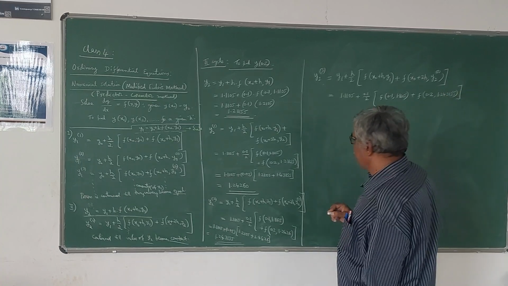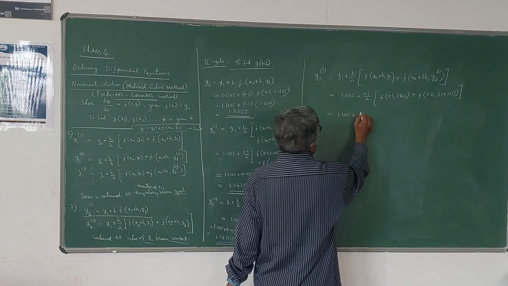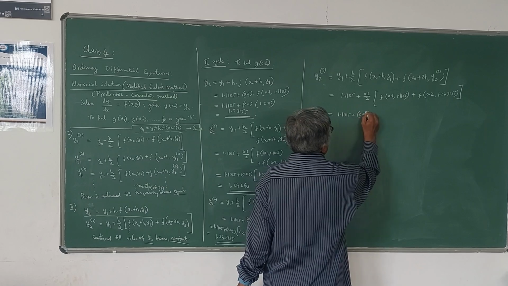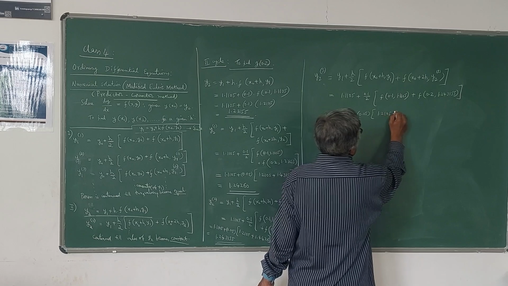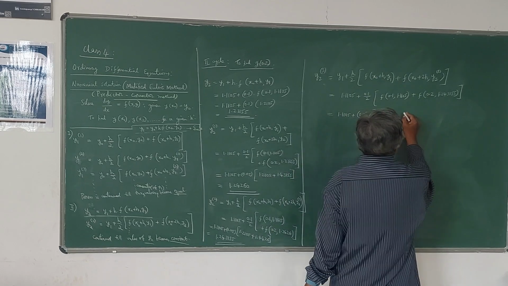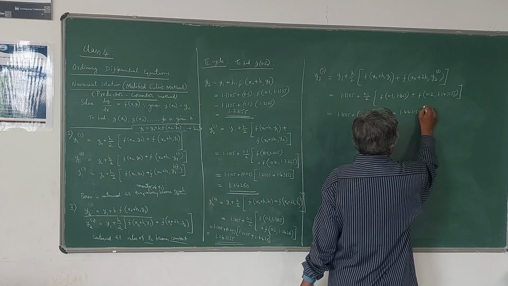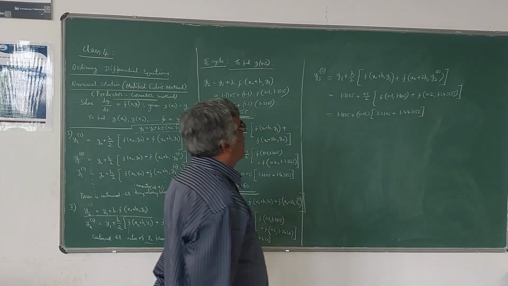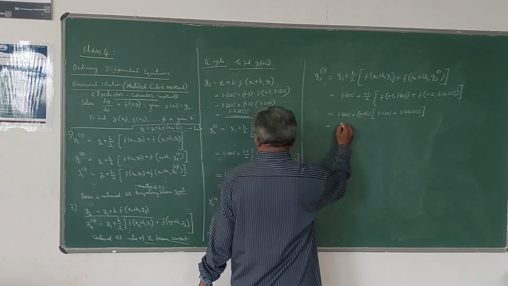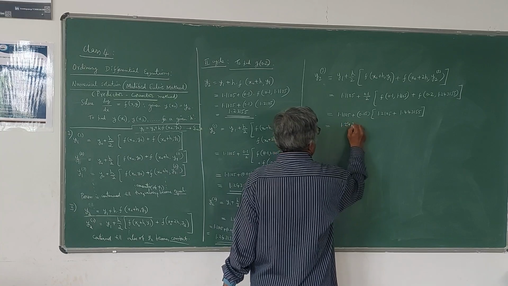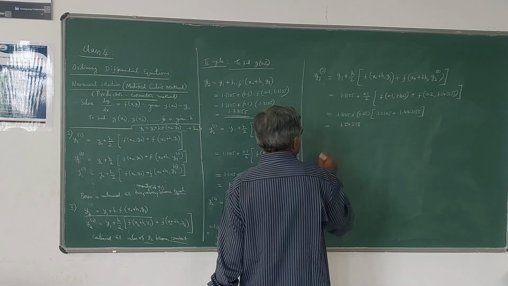Okay. Now we simplify this. 1.1105 plus 0.05 into x plus y, which is 1.2105 plus this, giving 1.443155. That gives 1.243182.